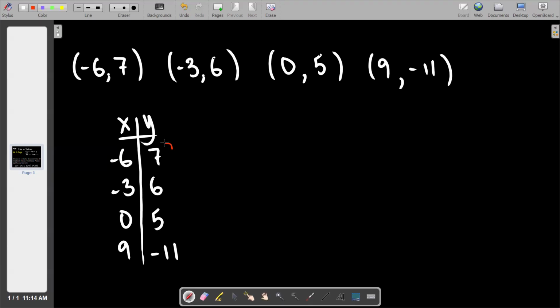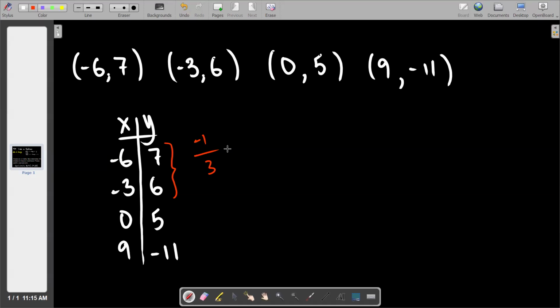Once again, I'll just bracket these two. What is delta Y? -1. What is delta X? +3. That one does not even need reducing. That is a rate of change of -1/3.